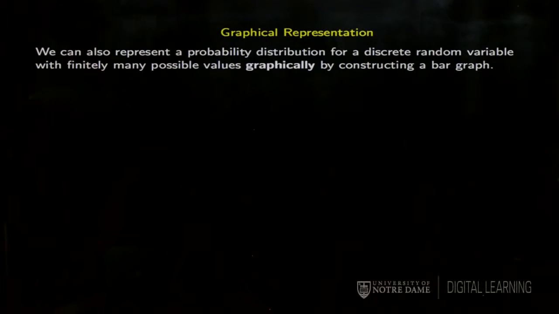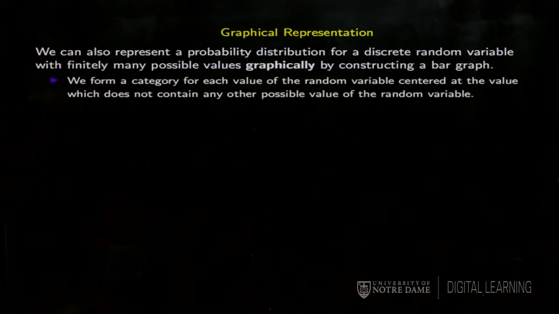I can also represent the probability distribution for a discrete random variable with finitely many possible values using a graph. And we've actually done this in the previous section for our probability distribution for experiment A and experiment AP, which actually had infinitely many possible values for the variable, but nevertheless it was discrete.